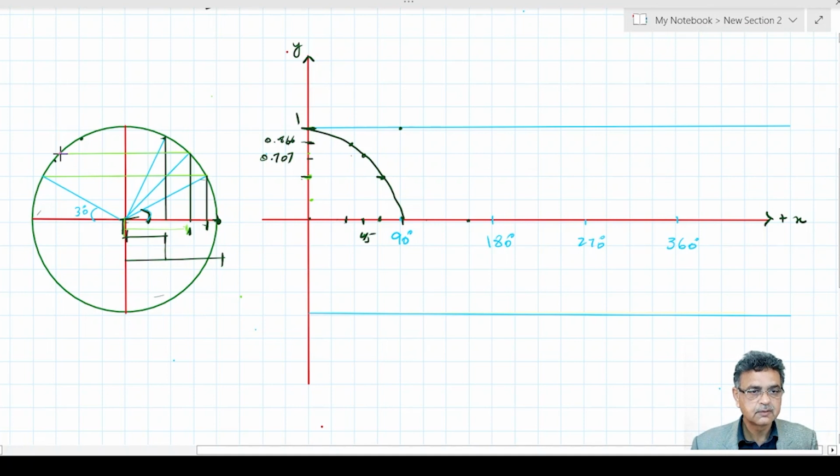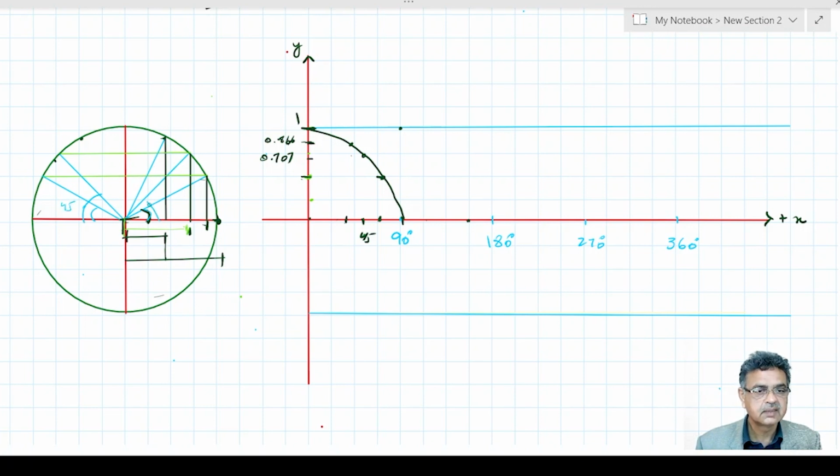From here, if we join this point with the origin, then this angle here, if I remove this point, this value from here, and now you can see that this much angle is 45 on this side.